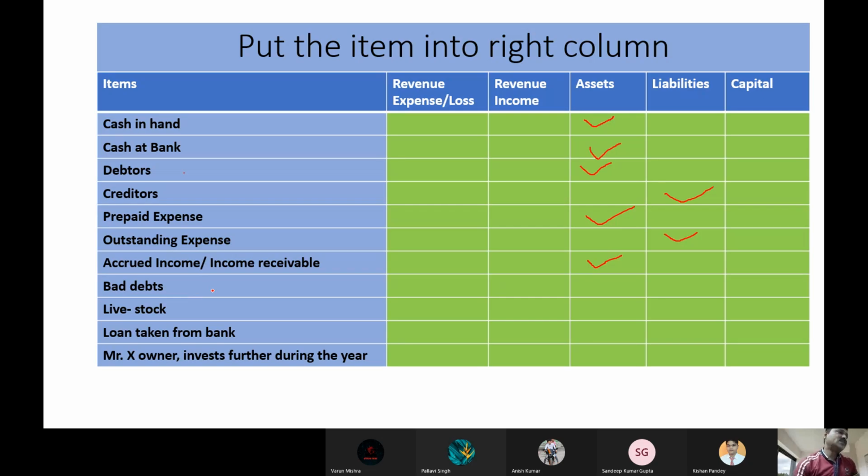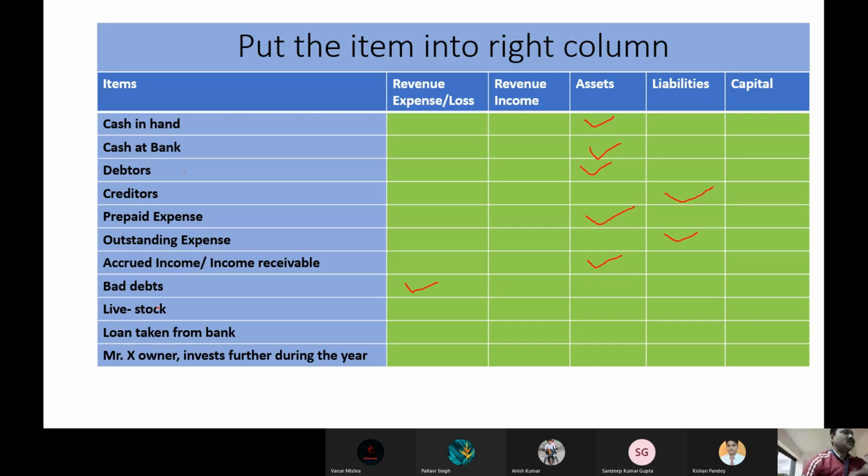The amount due from debtors which will not be recoverable in future. So the money which we have to take from the debtor, but now we will not get it due to insolvency or bankruptcy of the debtor. So this will be transferred to the bad debts account, and bad debts is a loss. Okay, so it's the revenue.